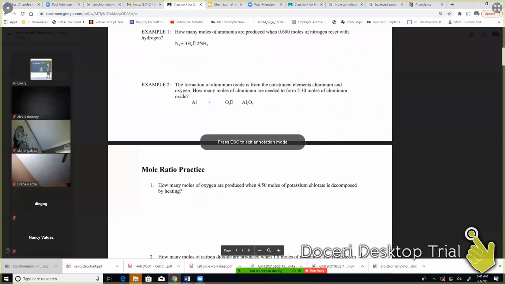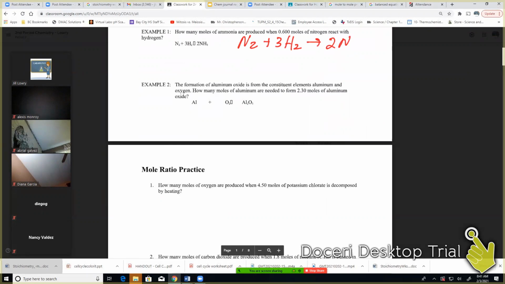Okay, example 1. That's supposed to be an arrow where the box is. N2 plus 3, it's the same 2NH3. So it's the same equation that we've been looking at. How many moles of ammonia, so that's my unknown, are produced when 0.6 moles of nitrogen react?